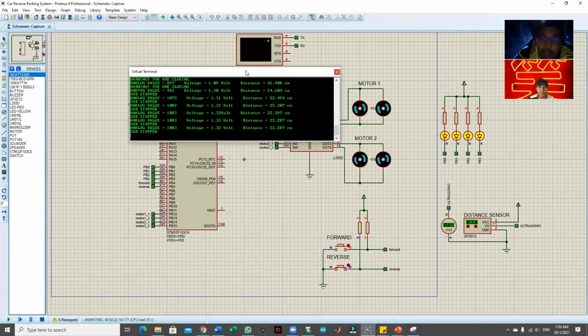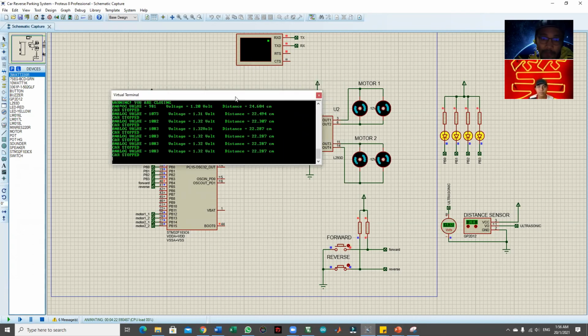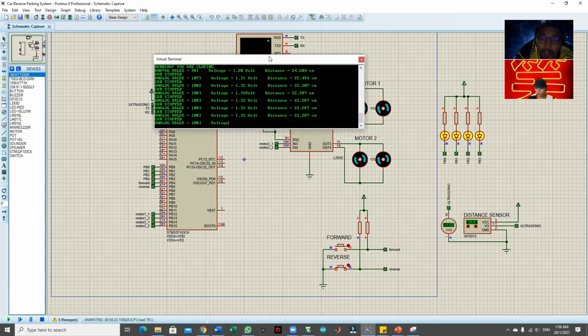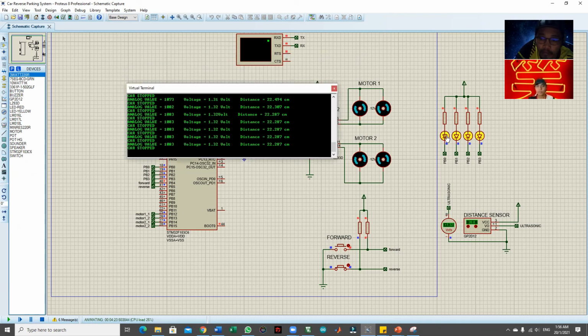So this is what we have designed the project based on the system we want to make. So the LED will blink with no delay.